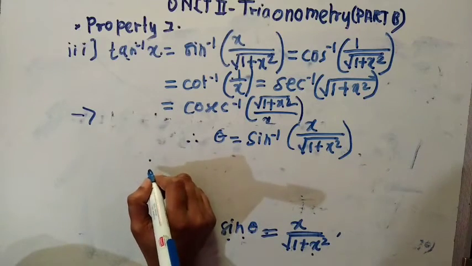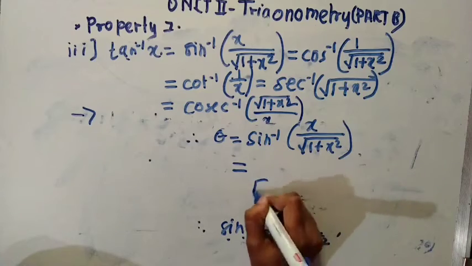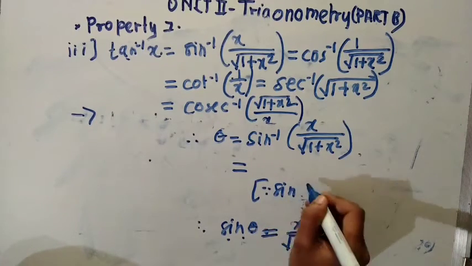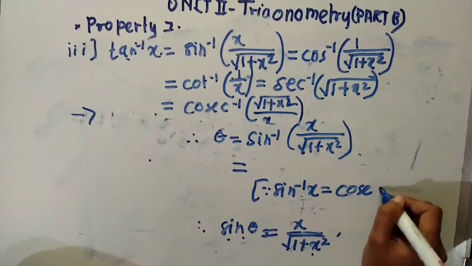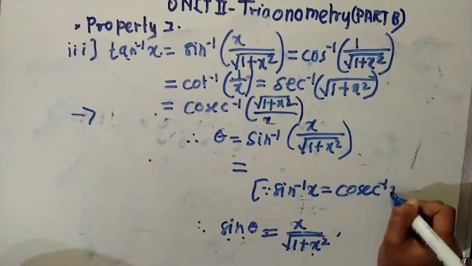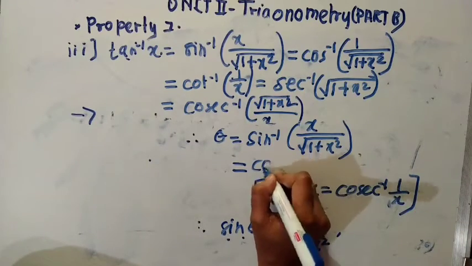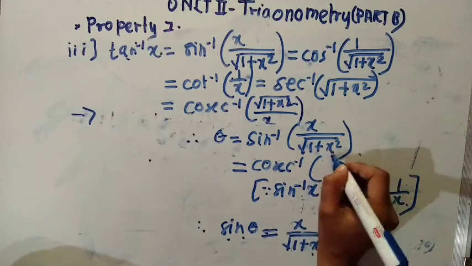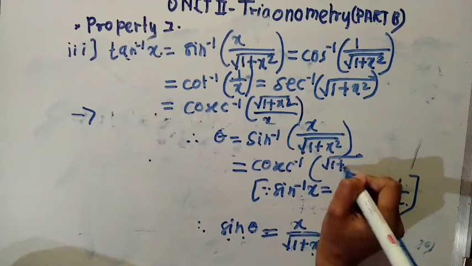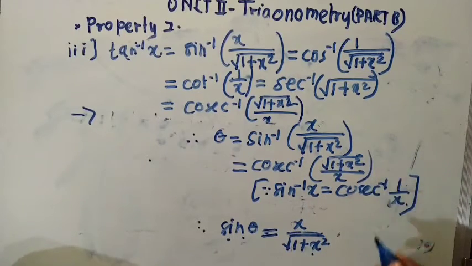Which is equal to, since sin inverse of x is equal to cosec inverse of 1 upon x, cosec inverse of 1 upon x means root 1 plus x square upon x.